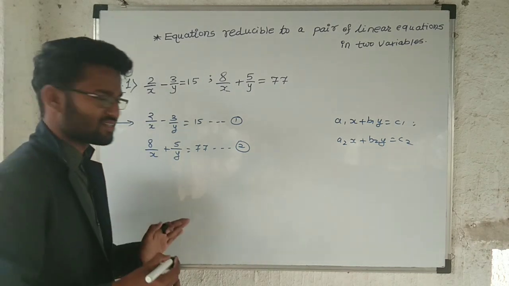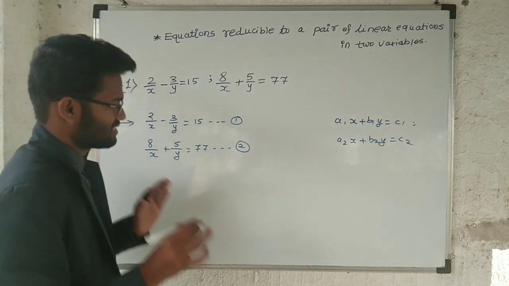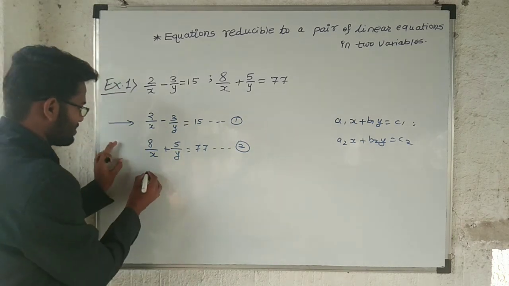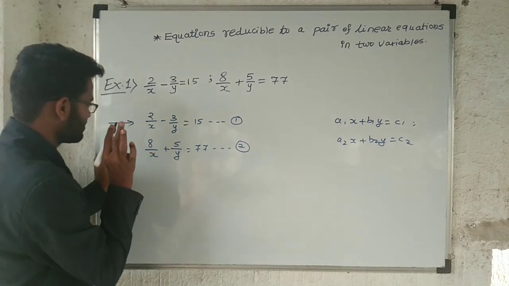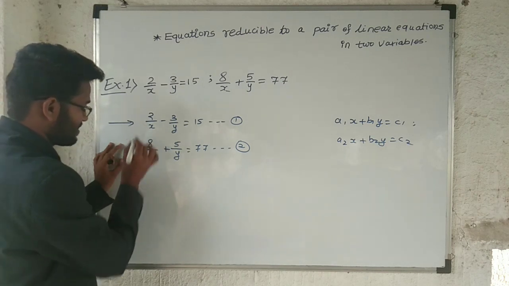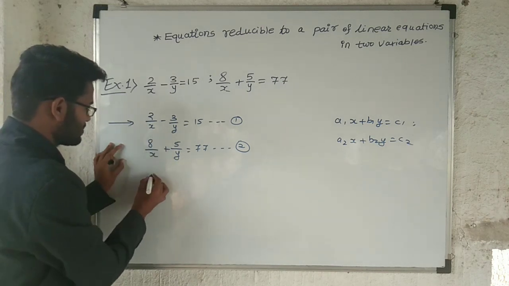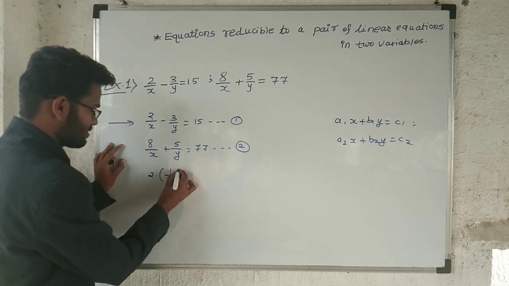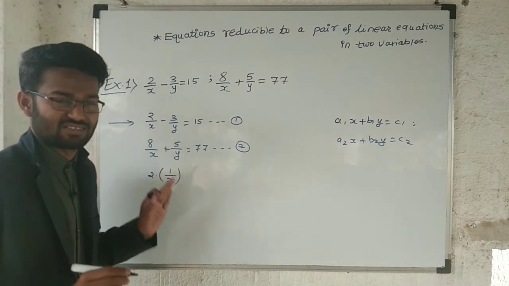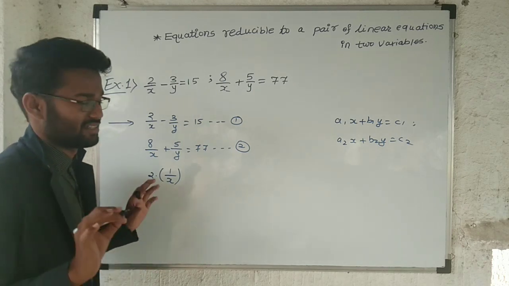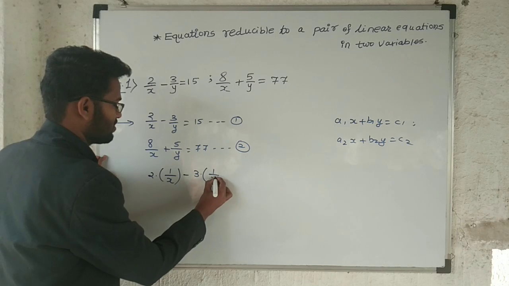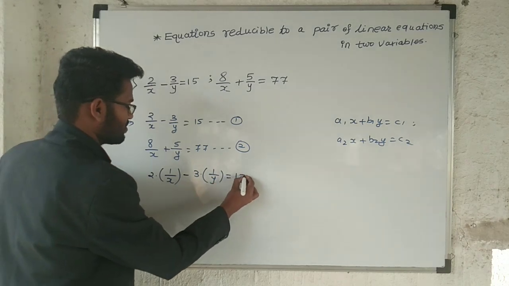Now look at these equations. I am adjusting some terms. In the first equation and the second also, I am writing 2 into 1 upon x minus 3 into 1 upon y is equals to 15.